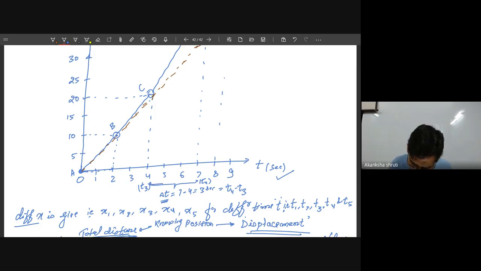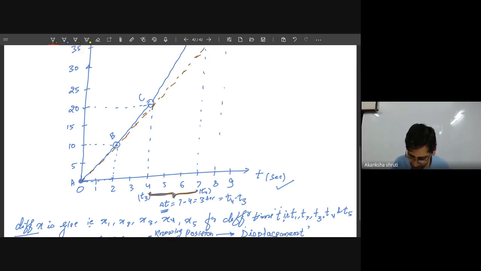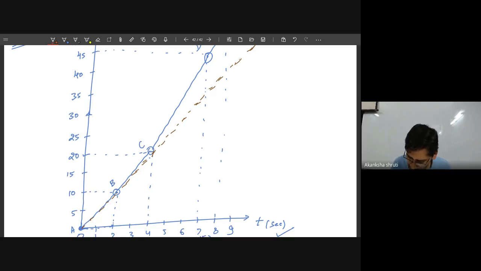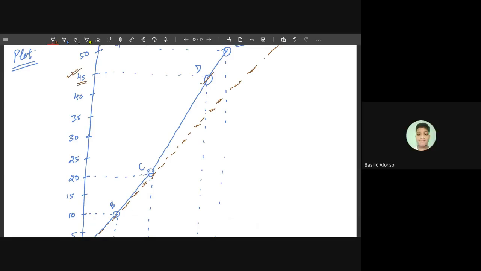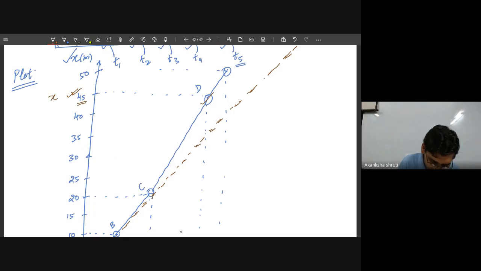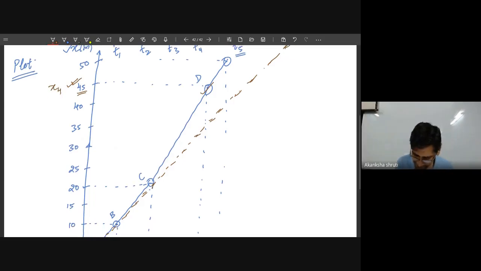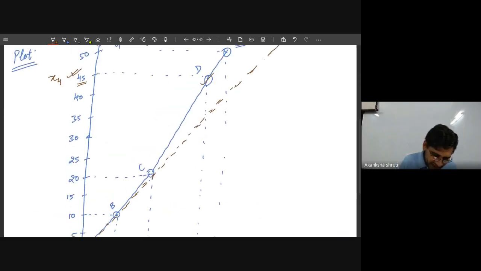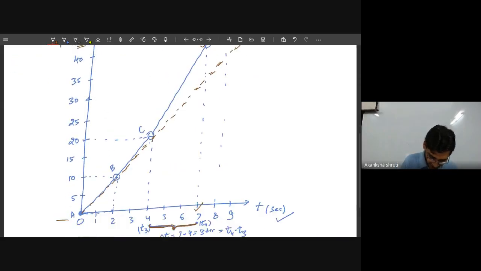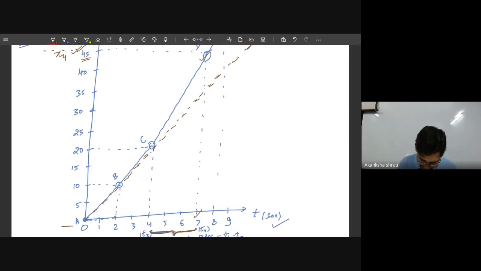But in this time interval, from 4 to 7 seconds, we are interested to know the position. Student, what is the position of the object at the 7th second? In terms of distance it is 45 meters. So this is our position x4, meaning from this origin A, the object is at this much distance. Student, are you getting this?